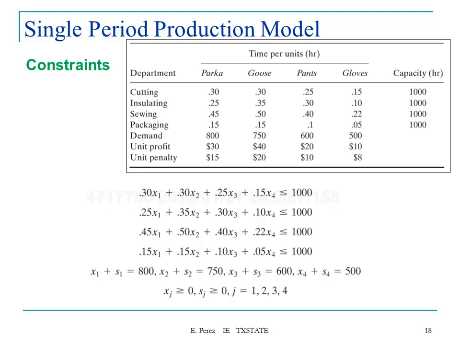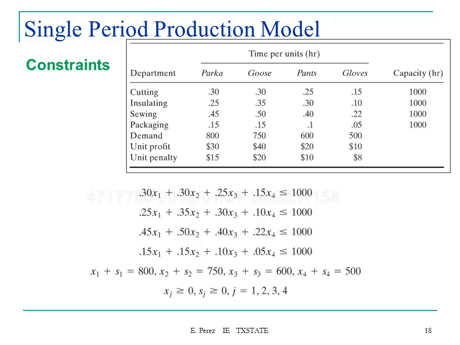The units that we produce for each item, the summation of the units times the time required to perform this specific task, needs to be less than or equal to 1,000 hours.